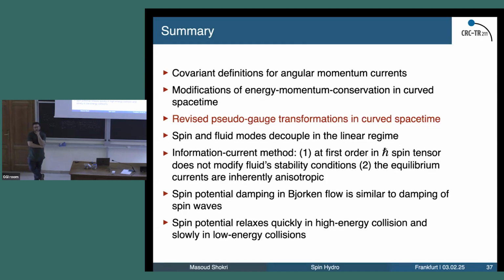So I would also like to answer your question with a question. Can you really calculate the relaxation time for the shear from holography?